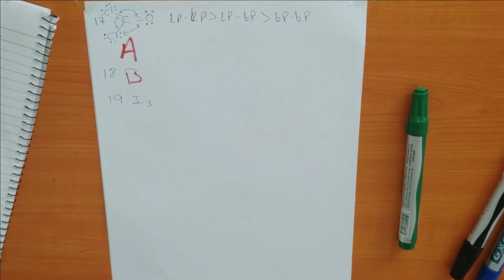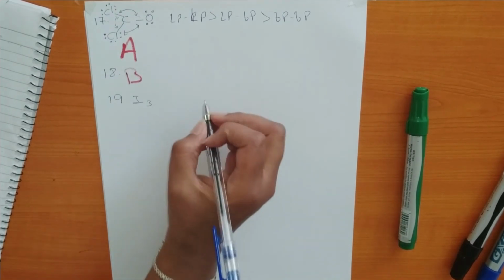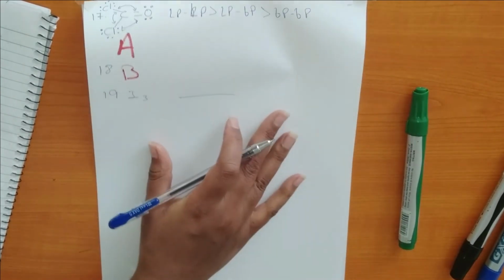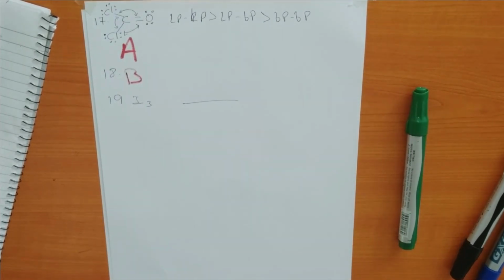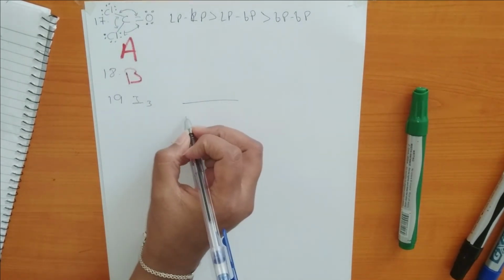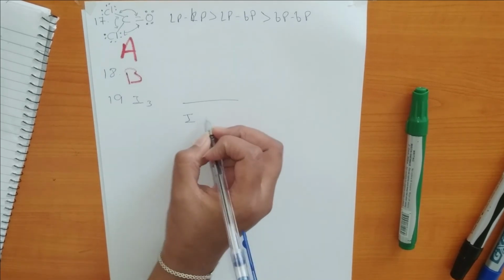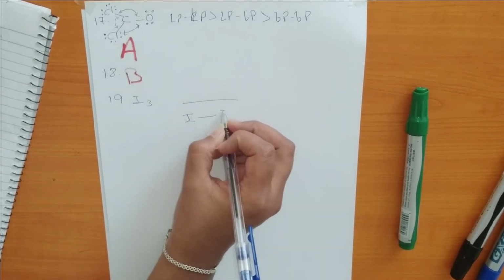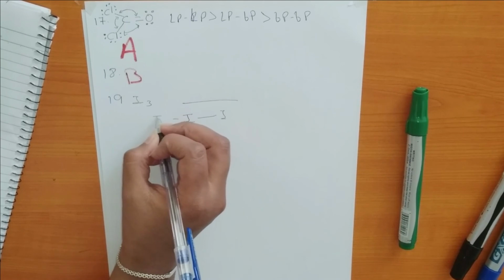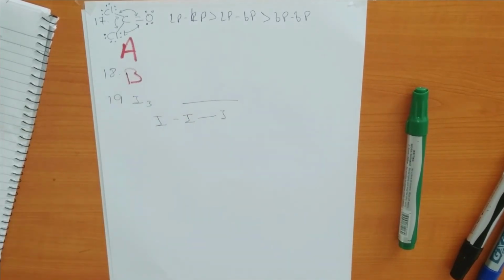A straight line, a linear one. Therefore, the shape of I3 is linear and its electron geometry is trigonal bipyramidal. So our answer will be A.